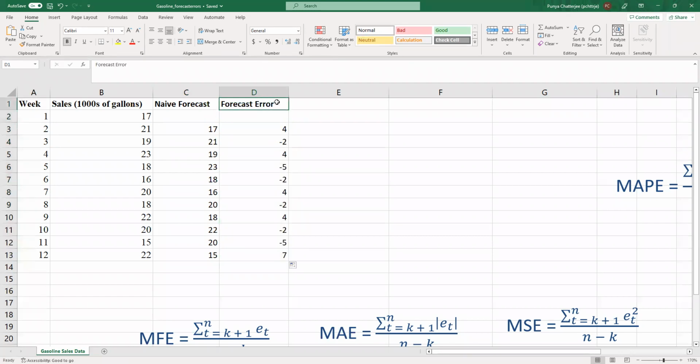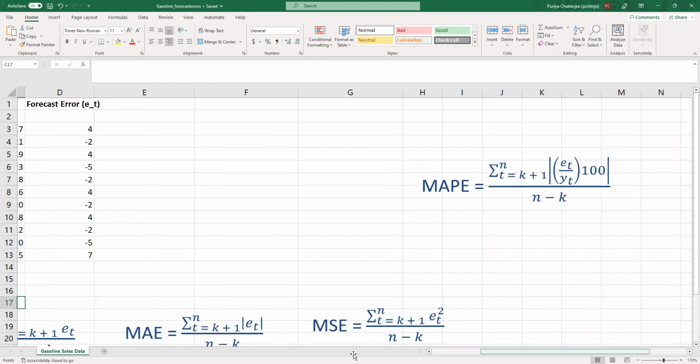These are called the forecast errors, denoted E_t. All of the forecast accuracy measures depend on this E_t in some way or form.